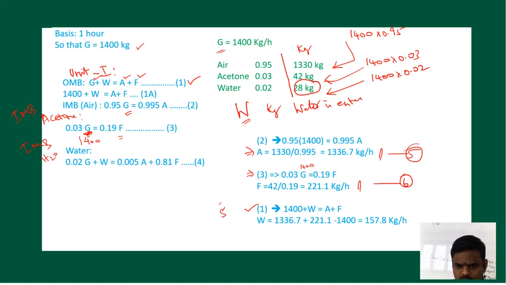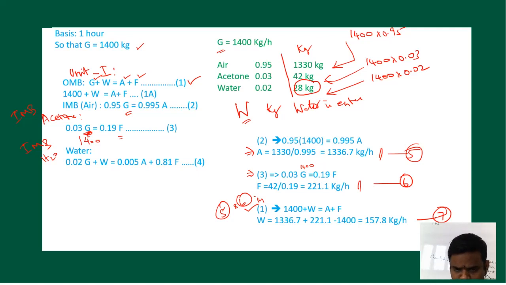We get the value of W, which can be written as 157.8. Okay, so we got the value of W. So with respect to unit 1, we have calculated all the values.